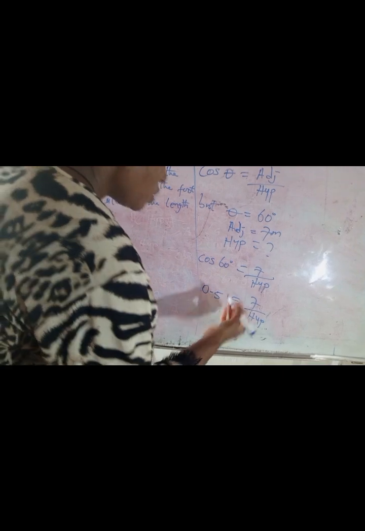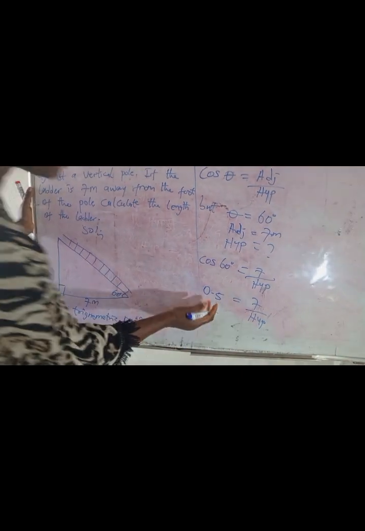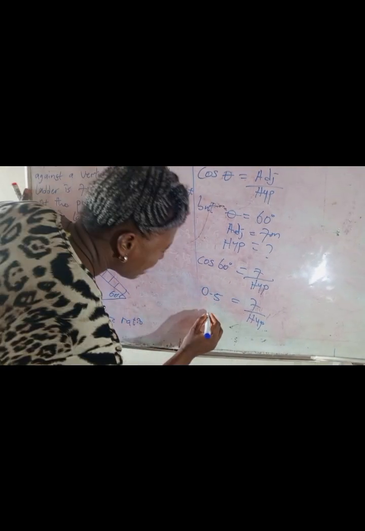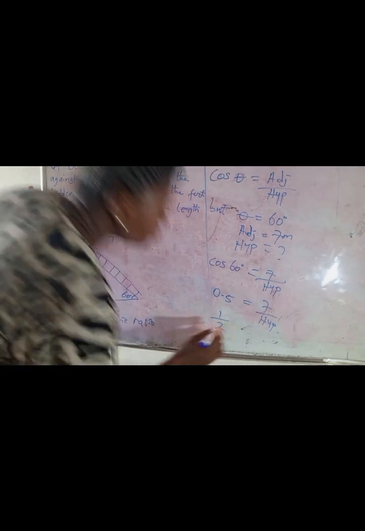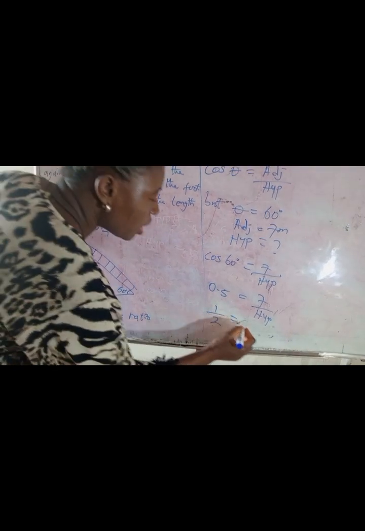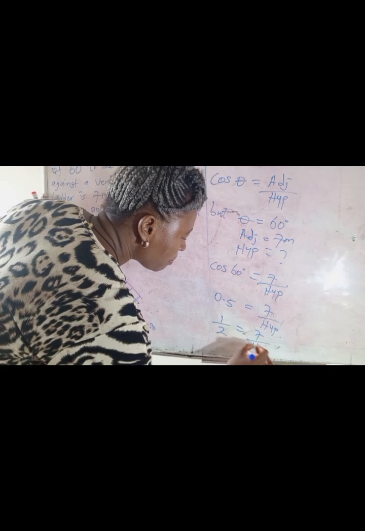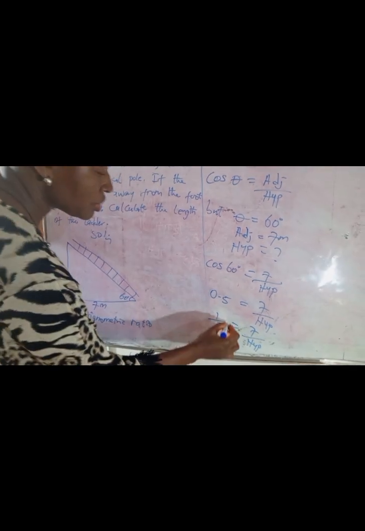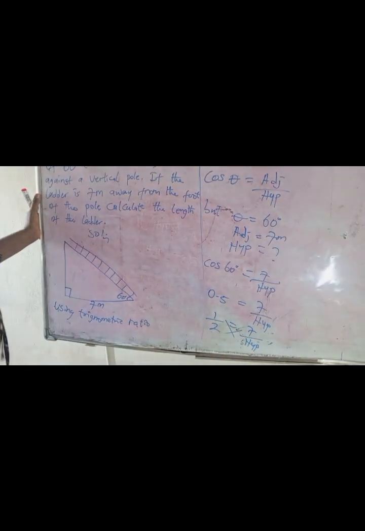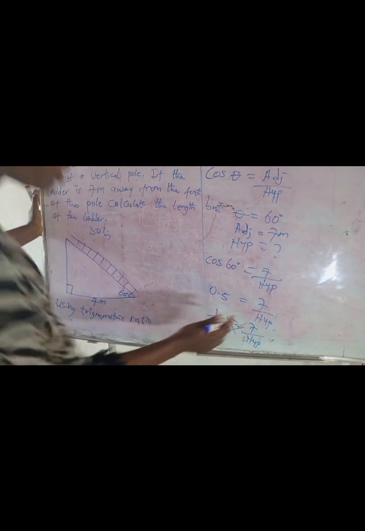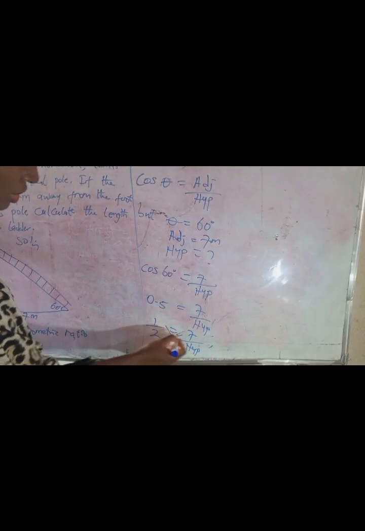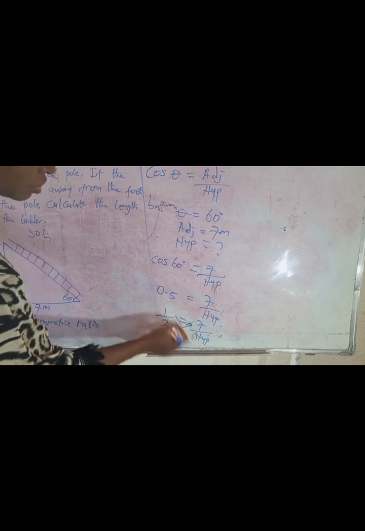Then what do we do? We cross multiply. If you don't have a calculator, you can come down, because 0.5 is half. So you can have 1 over 2 is equal to 7 over hypotenuse. Then you cross multiply. When you cross multiply, this will multiply this and this will multiply this.